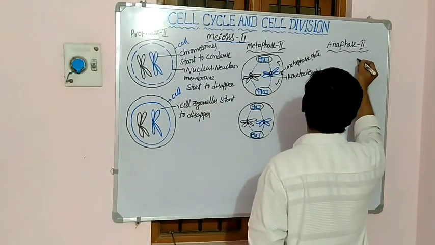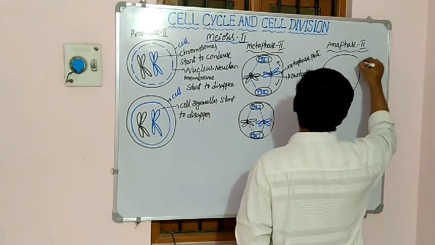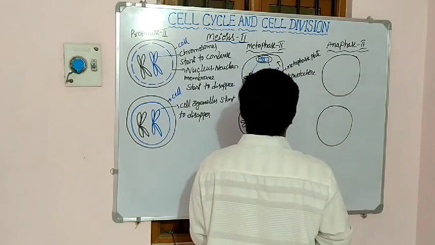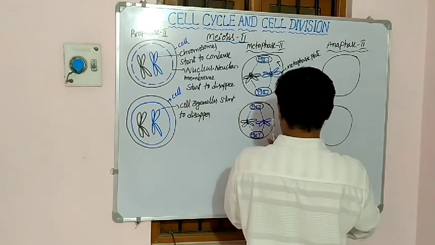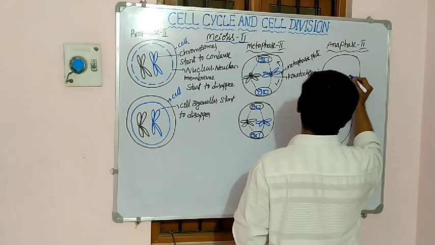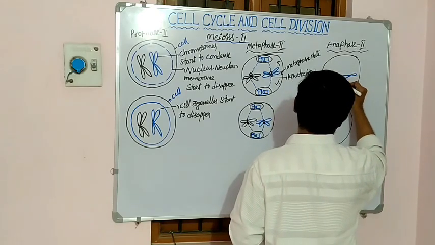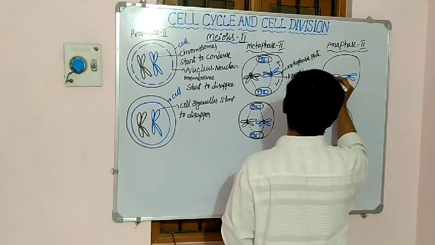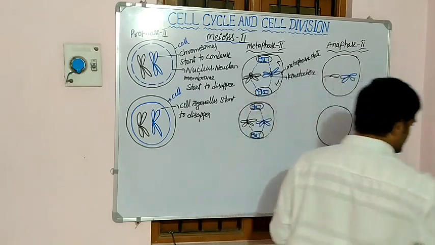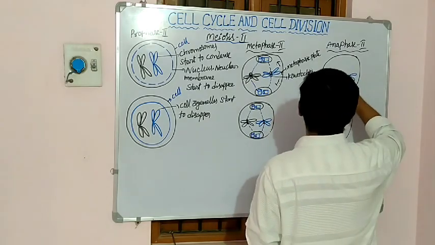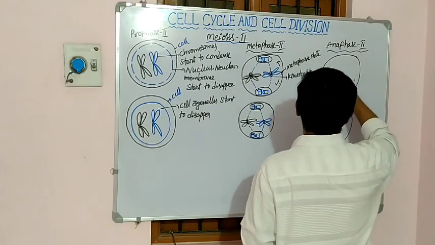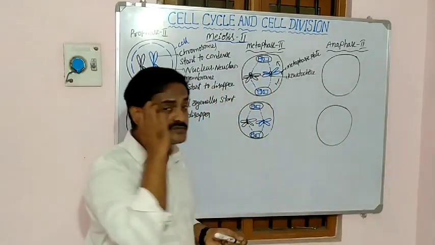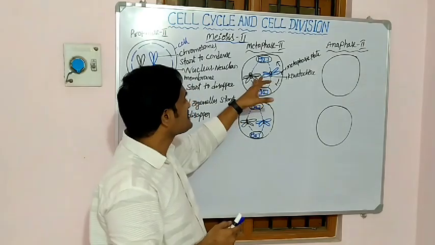See, this is one cell and this is another cell, and inside the cell there are chromosomes like this. They are already at the center of the cell. Once the cell enters anaphase, the chromosomes are pulled apart as sister chromatids.